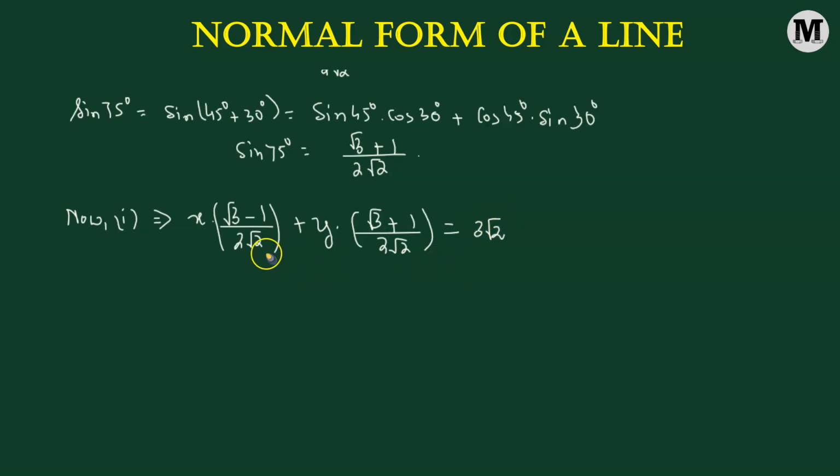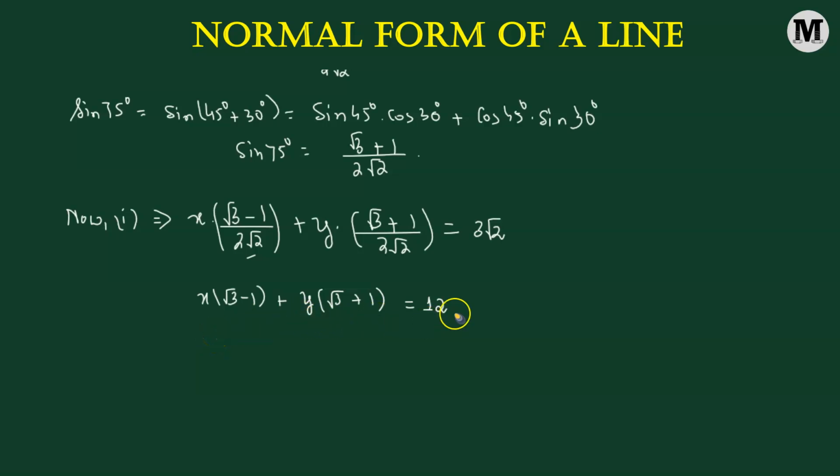Let's further simplify. We're going to multiply throughout with the denominator 2 times square root of 2. So we now have x multiplied by square root of 3 minus 1 added to y times square root of 3 plus 1. This is going to be equal to 3 times square root of 2 multiplied by 2 times square root of 2. So that's going to be equal to 12.